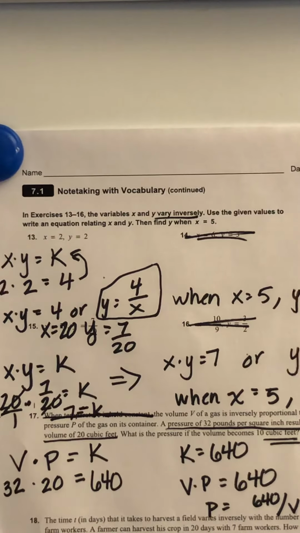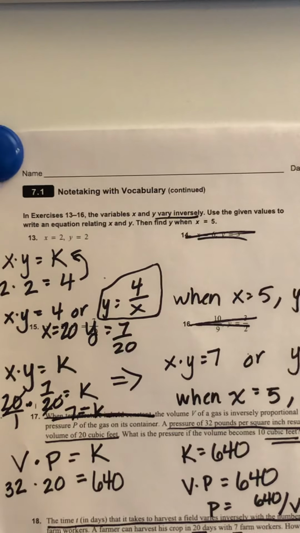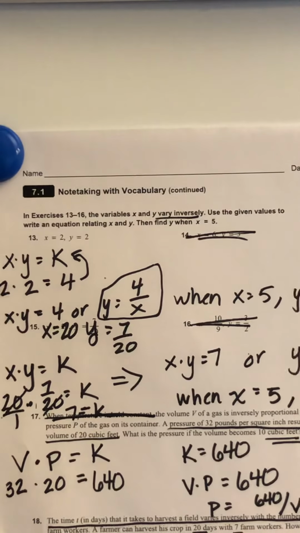First thing we need to do is find that inverse variation equation. We know that the time T varies inversely with N, the number of workers. So T times N equals K. In one case, it took 20 days with 7 farm workers. So 20 times 7 equals K, K equals 140.